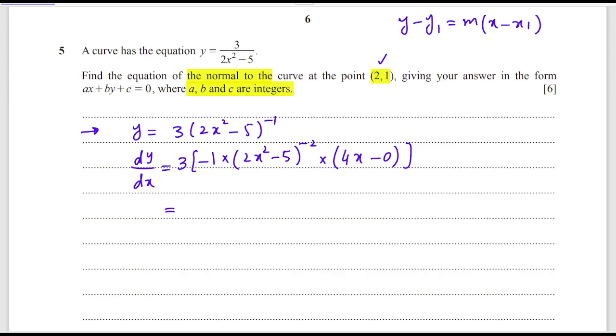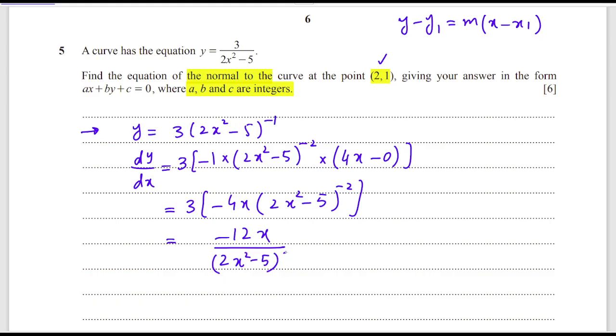Now simplify this expression. This is 3 times minus 4x multiplied by 2x square minus 5 raised to the power minus 2. Or we can write it as minus 12x divided by 2x square minus 5 raised to the power 2. So this is the derivative of the given curve.